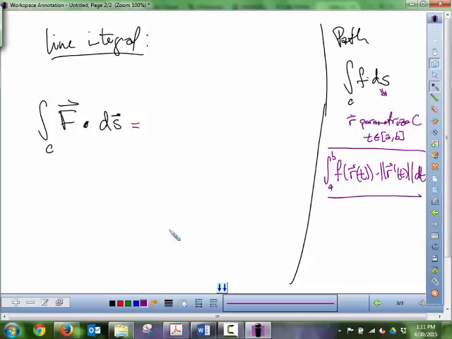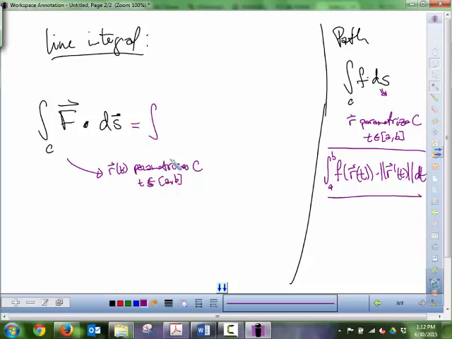And again, we're going to have to parameterize C. We can't get out of parameterizing C. So if r of t parameterizes C from A to B, then your line integral would look like A to B.